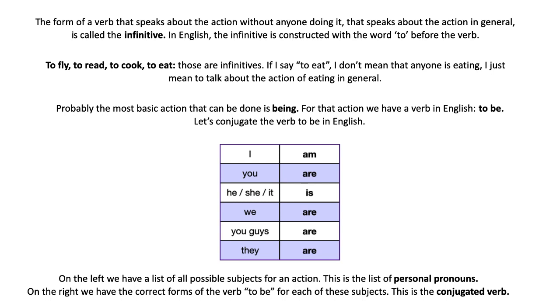Right? And then verbs have to be changed so that they match the subject, the person, people, thing doing the action. Right? And that action of changing a verb is called conjugating. The way we do it is with a conjugation table like the one I'm showing you on this slide. Okay?